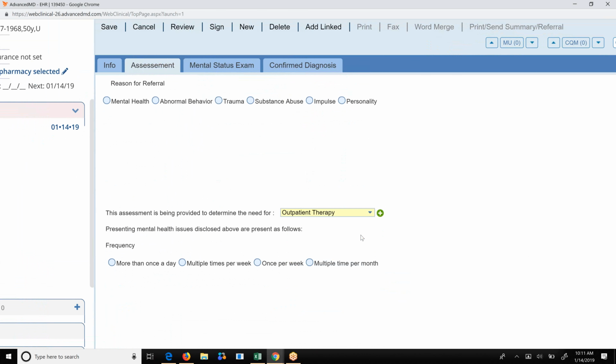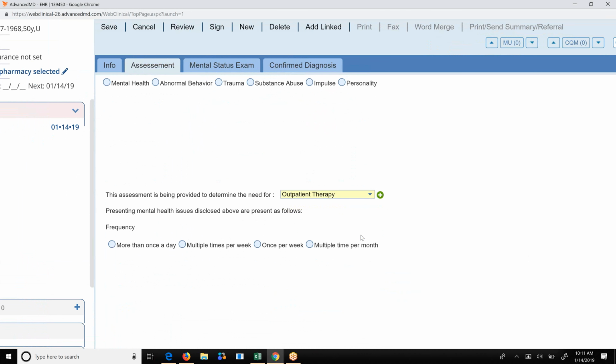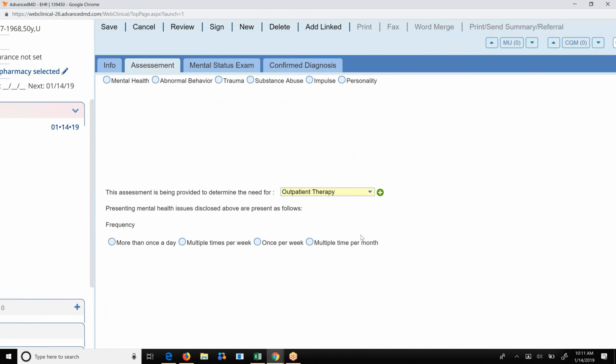Frequency: presenting mental health issues disclosed above are present as follows. The frequency: more than once a day, multiple times per week, once per week, multiple times per month. Again, on that one, you just check the one that's most appropriate based on the presenting scenario or situation. Now, when you check one, try to be as specific as possible under the description.